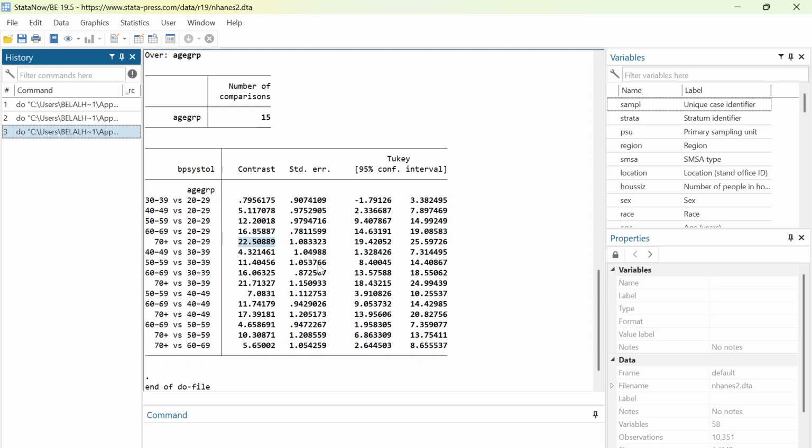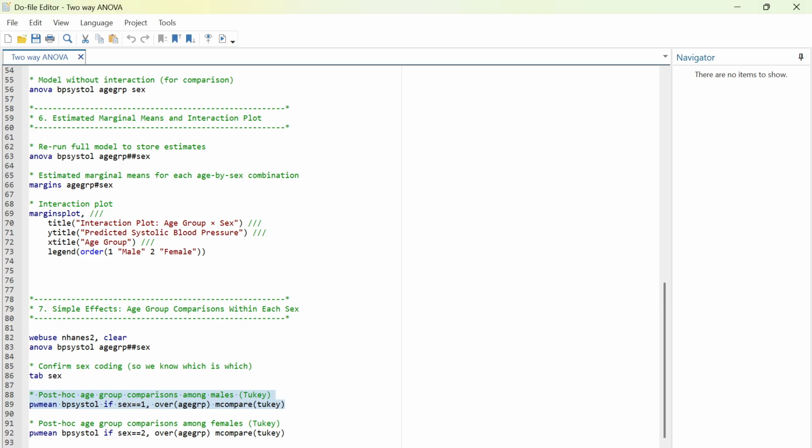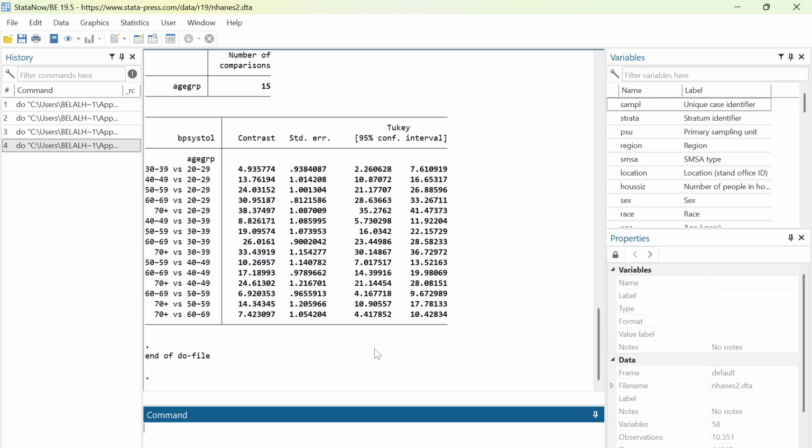So this is for male groups, okay. Because we specified one equals males as coded in the data set, we can run a similar test for the female group as well. So run the code and see how it looks.